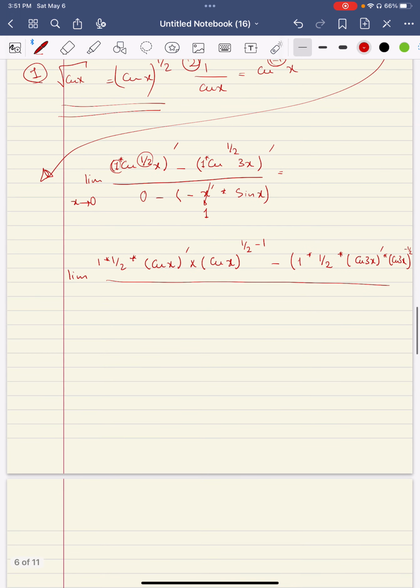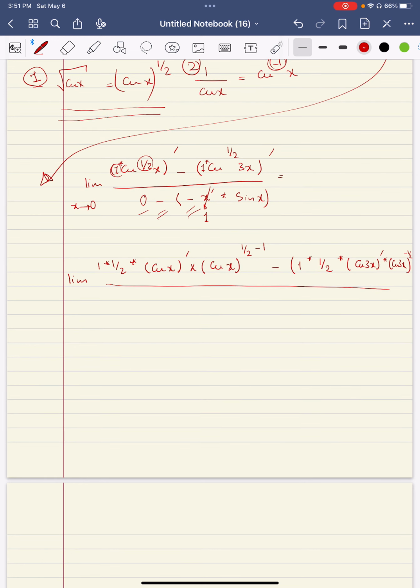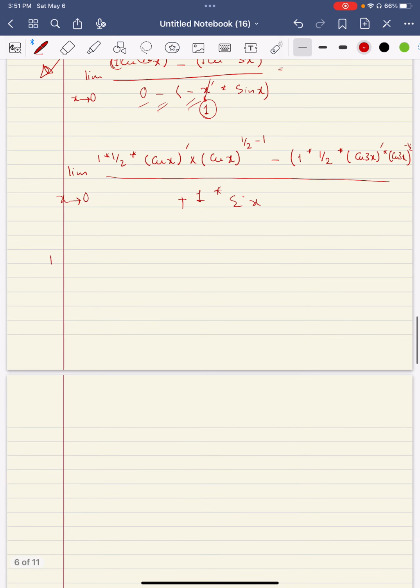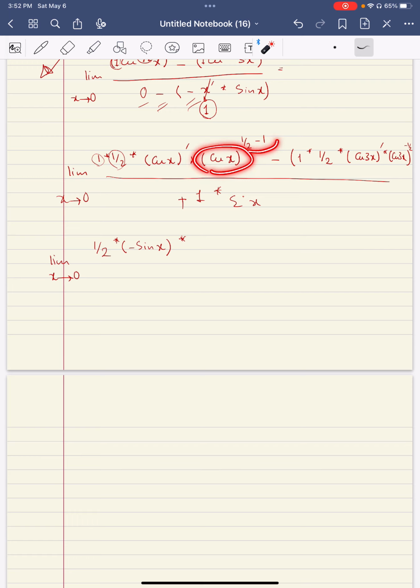Over 0 minus times minus. So minus times negative would be positive. 1 times sine x. Then let's go ahead. X approaching 0. 1 times 1 over 2 is 1 over 2. Cosine x prime, or the derivative of cosine x based on the formula, is negative sine x times cosine x to the power of 1 over 2 minus 1.